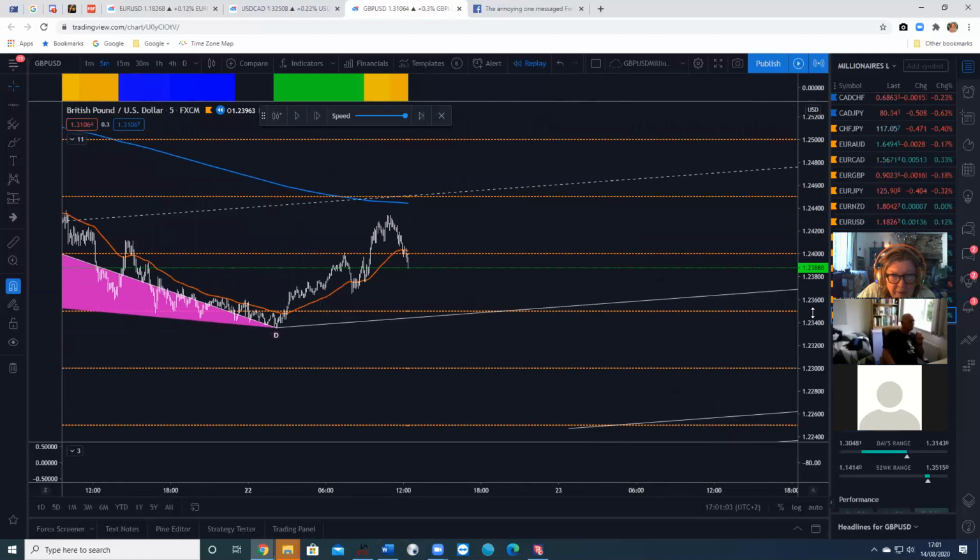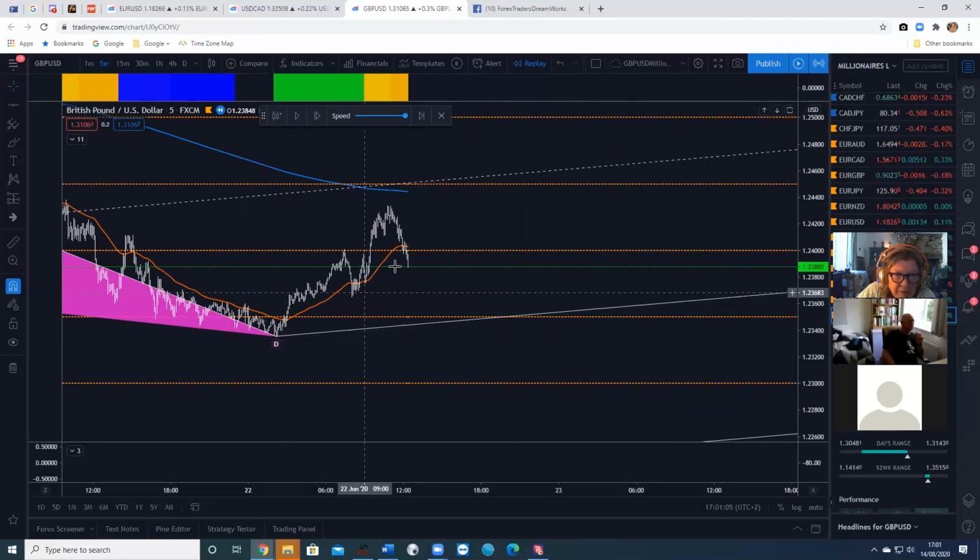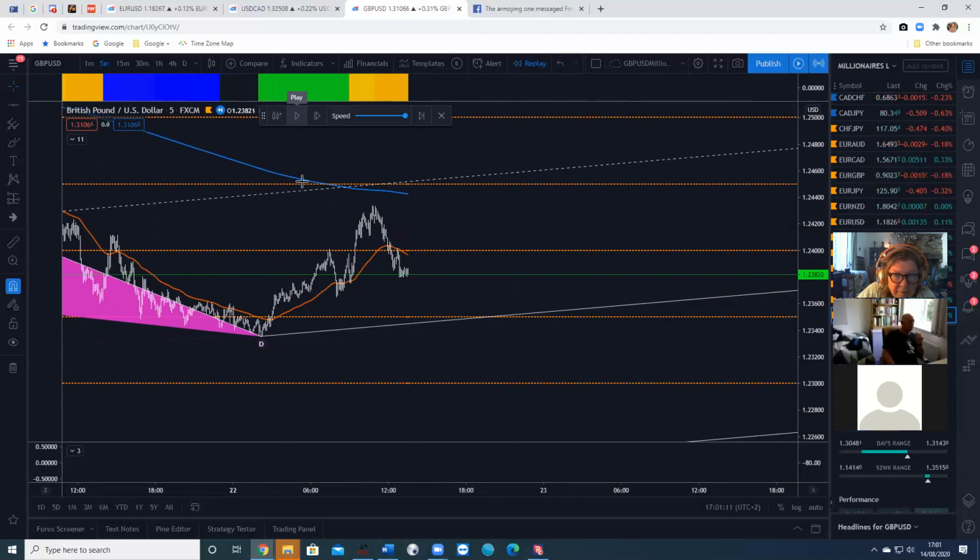So could we take a trade here? Let's see if it gives us a retest. It does give us a retest, and it's under the 62. And you've got a break of a trend there. So I would suggest that is one trade potential here.